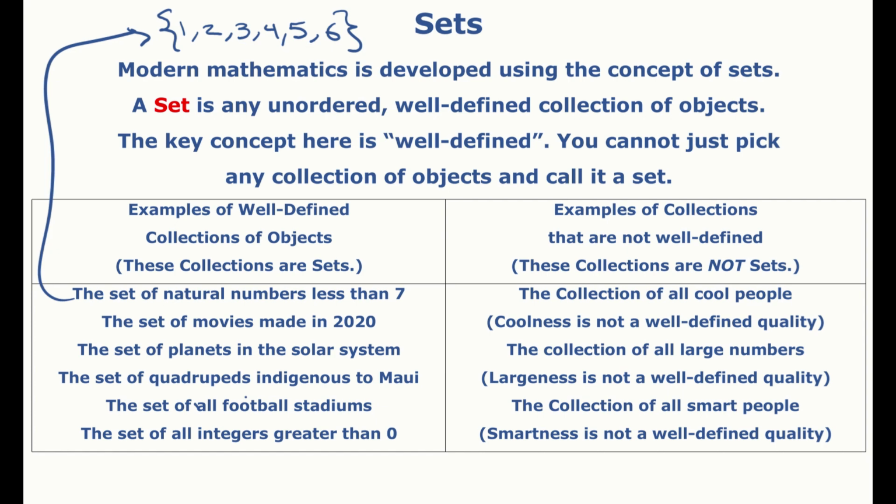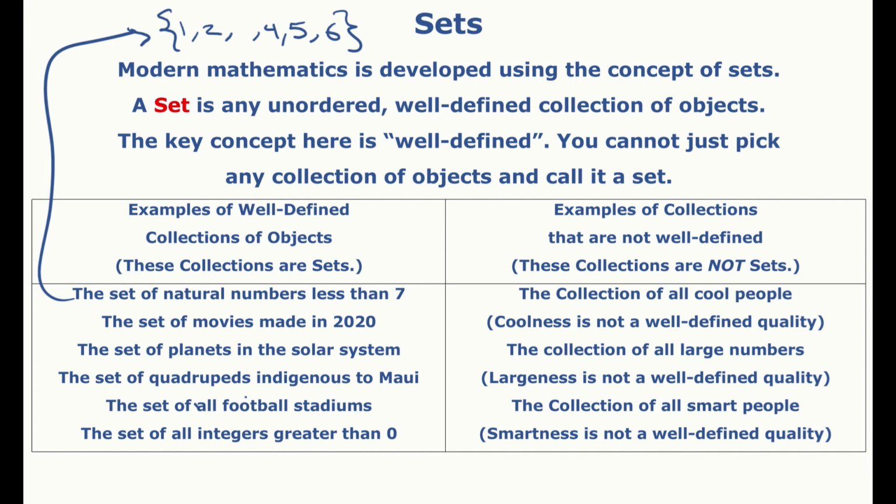Notice that each of these items within the set is called an element of the set, or we can also call it a member of the set. For the second example, we have the set of movies made in 2020.